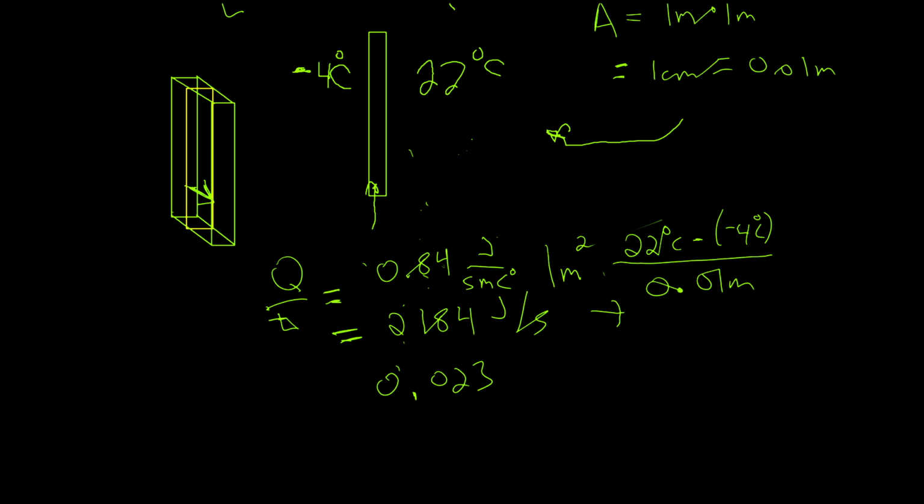So if we rerun this calculation with 0.023, not worrying about the pane of glass on either side, we're just letting the air pocket go through. So 0.023 times 1 times 22 minus 4 divided by 0.01.